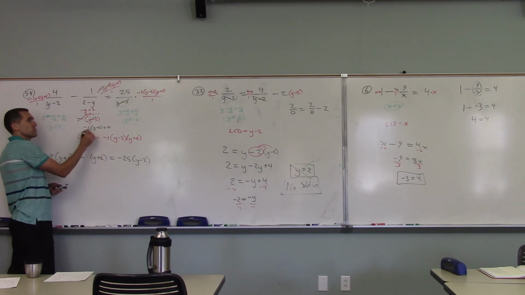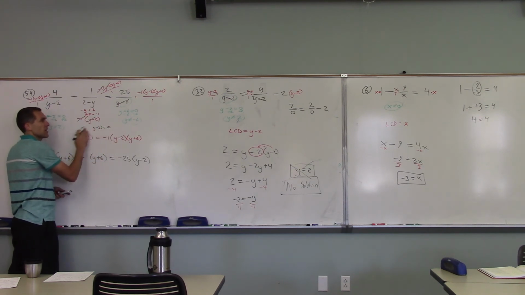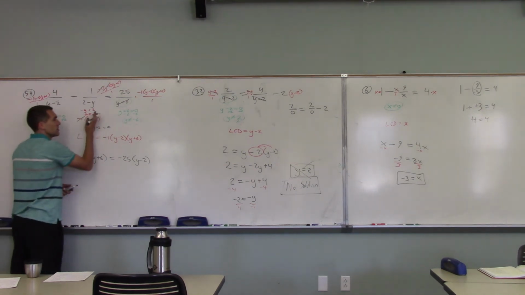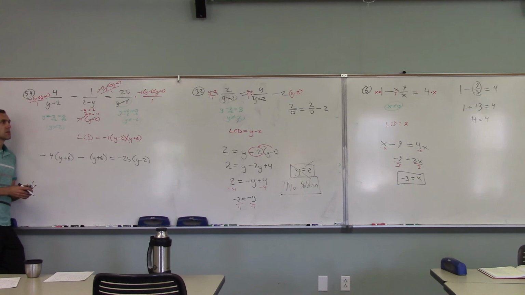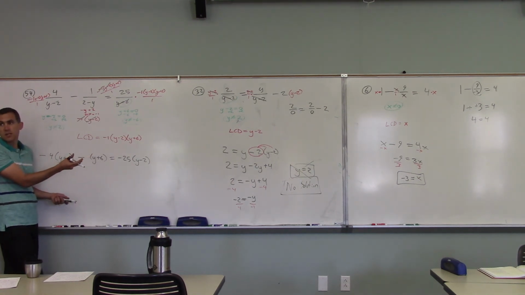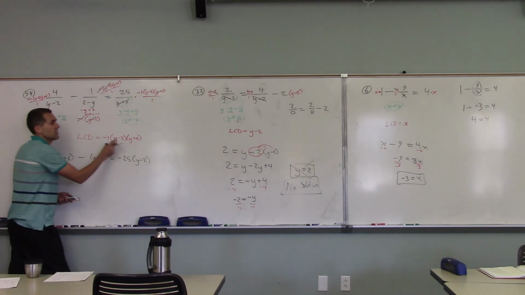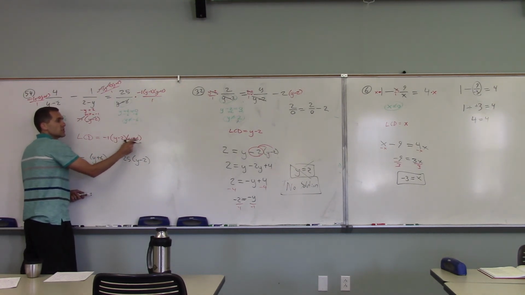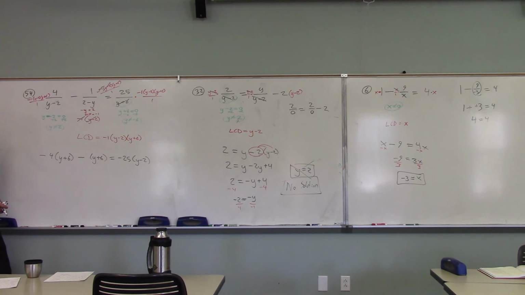I'd say either this equals 0 or this equals 0. So when does that equal 0? Plus 2, plus 2. Yeah. Good question. In general, another way to do it is to find the LCD first, and then set each separate factor of the LCD equal to 0. And then it's just solve like normal. This is even going to be a linear equation. It's not even going to be a quadratic.